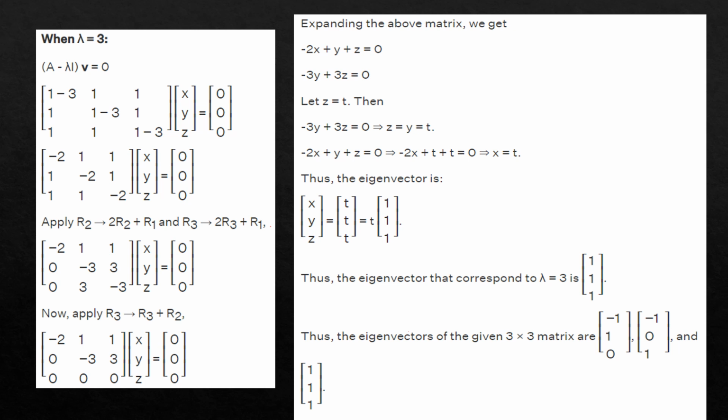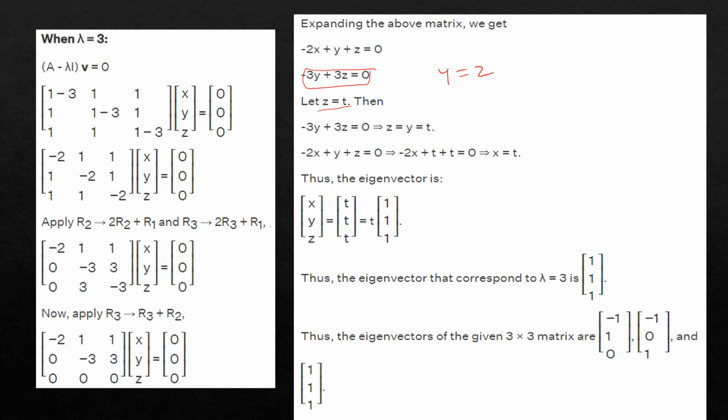So I need to reduce this matrix to the upper triangular matrix. Once I get the upper triangular matrix, then I can solve. So this is my upper triangular matrix. Then I have the relationship between two variables: y is equal to z from this particular equation. So once you have y equal to z, you can assume either y or z.